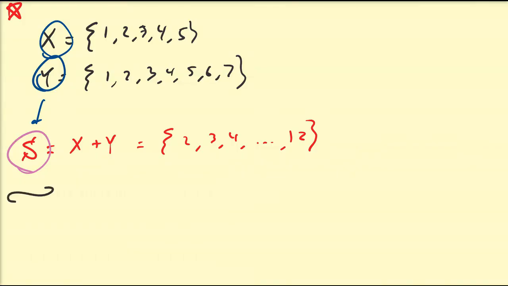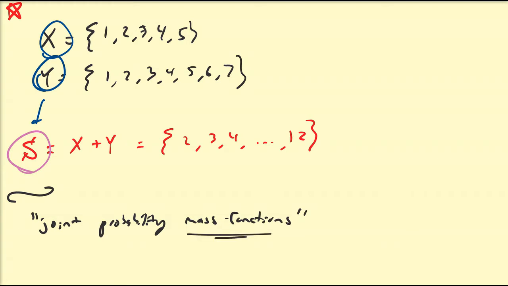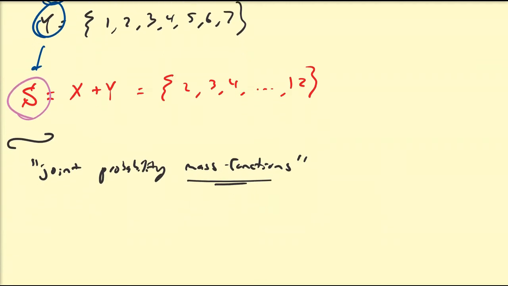All right, so what we're going to do is construct what we call joint probability mass functions. So we're assuming that the variables of this function are, of course, discrete, hence why we call them mass functions. So we're going to consider the function p(x,y).